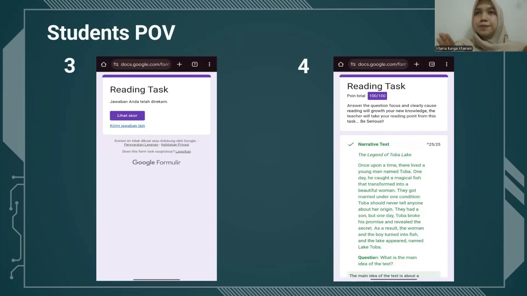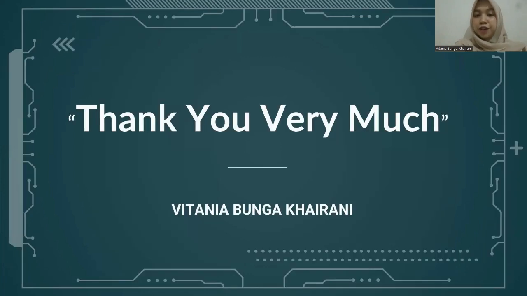AI can also clearly give all the points that the student gets, so we don't have to think again about how many right and how many wrong, because the tool does it for us. It's easy for us to be a teacher right now.